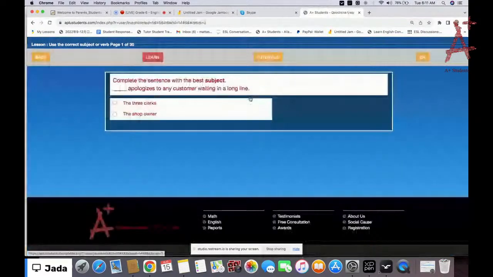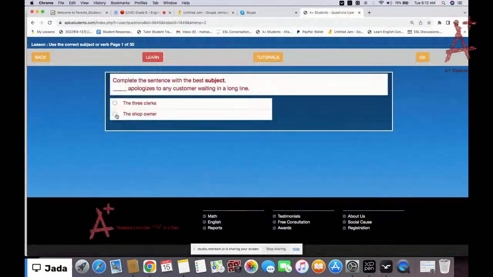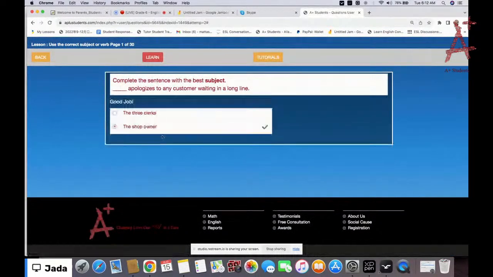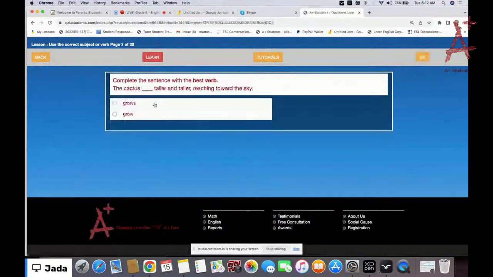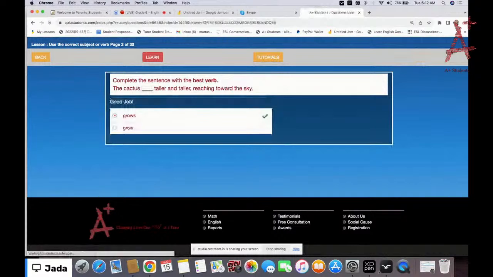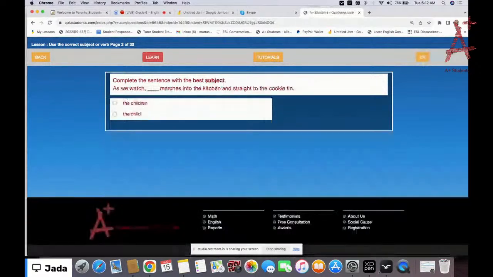Okay. So now here, correct. And then the right answer for the next one we saw was rose. So yeah. As we watch, there's a comma, then an empty space here. As we watch, dash matches into the kitchen and straight to the cookie tin.